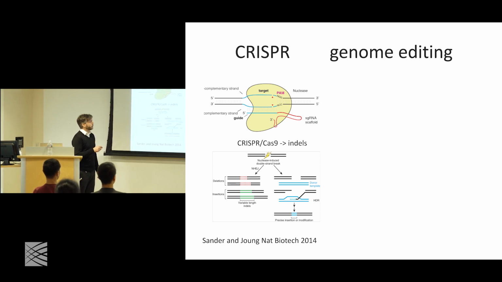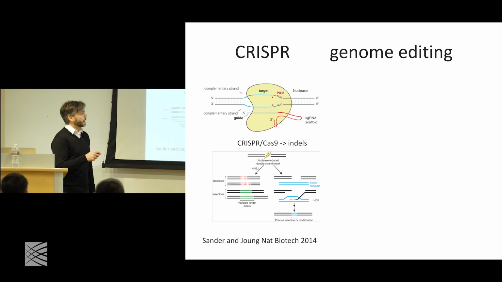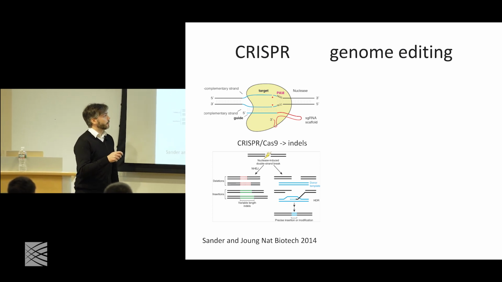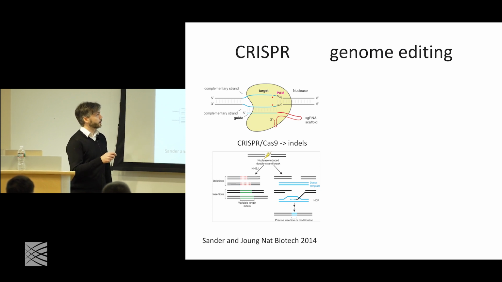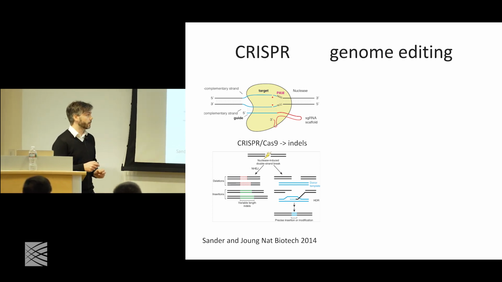You need to design a sequence of 20 nucleotides, and then there is a constraint: you need to have a particular sequence called PAM, which depends on the system you use. For the classic system, it is NGG. So you need this 20 nucleotide sequence followed by NGG.